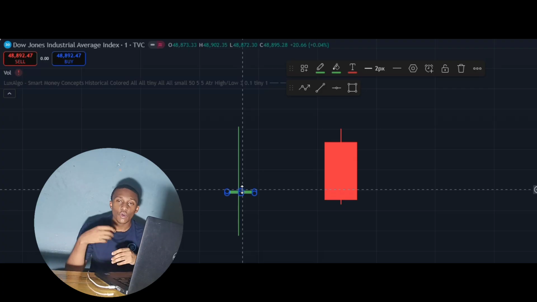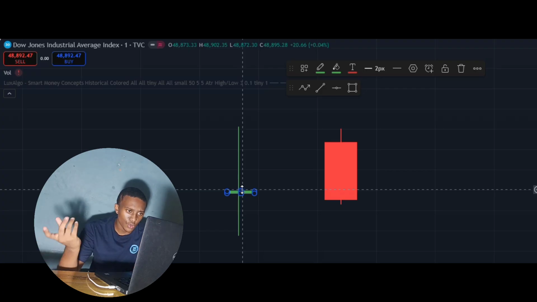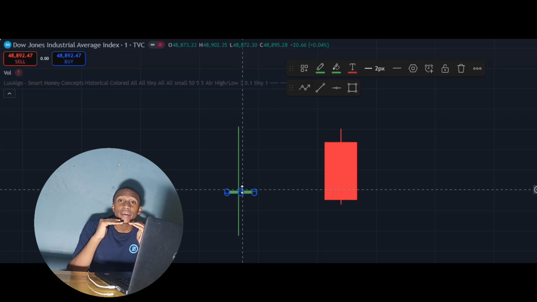And if nobody wants it, everybody's selling it, everybody's giving it away, what happens to the price of that product? It would go down. Nobody would want to purchase it. Okay, so here is a point where there are buyers and there are sellers, and they are making transactions at the same rate, so we get a Doji candlestick.